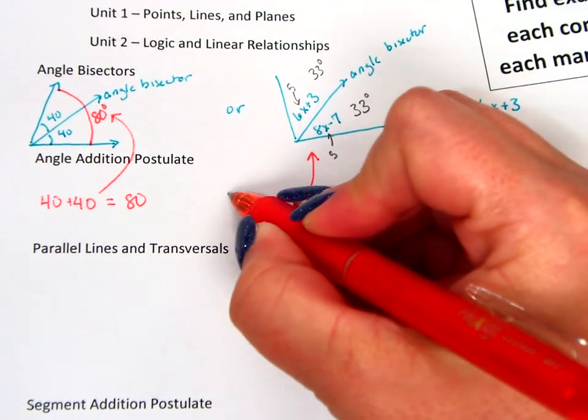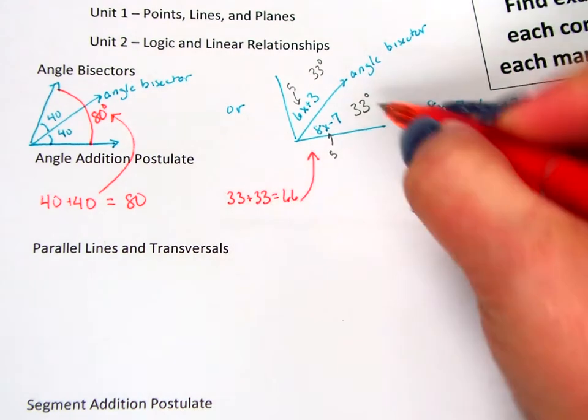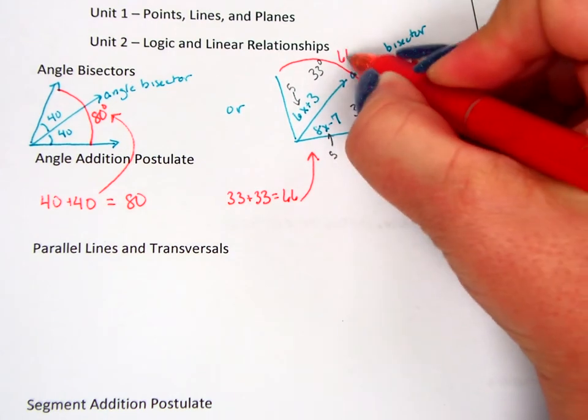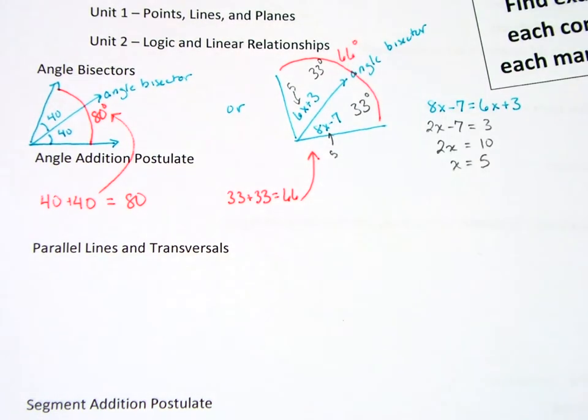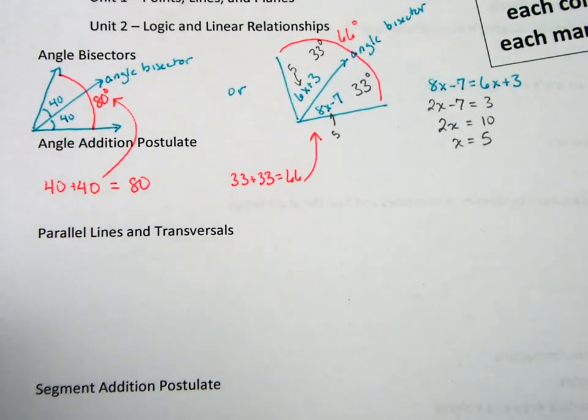If I do 33 plus 33, that's going to be 66. So I know this whole angle is 66 degrees. Angle addition postulate. Questions on that?